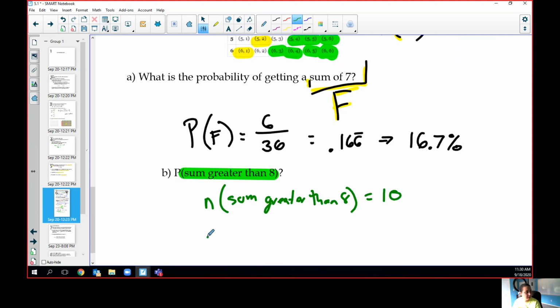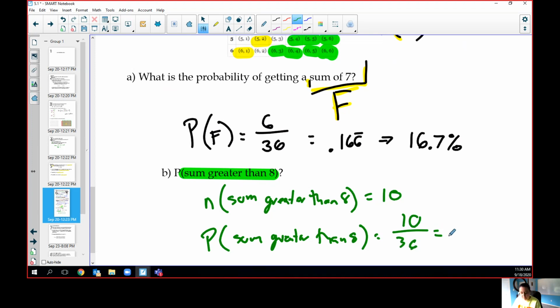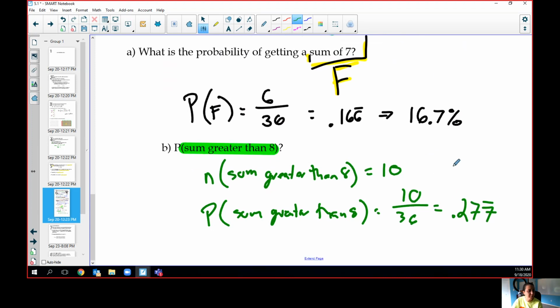So the probability of a sum greater than 8 would be 10 out of 36, or 0.277 repeating, which will give us a probability of 27.8%.